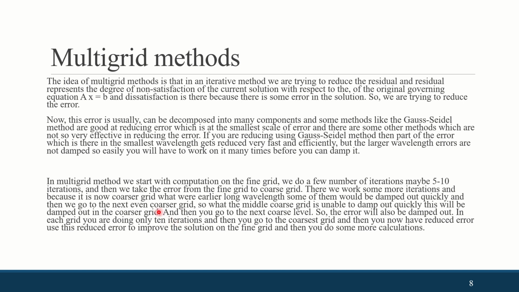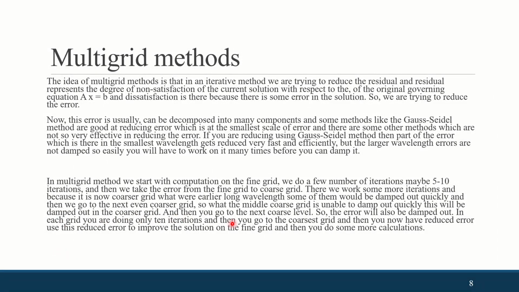So we start with the finest grid, where the shorter wavelength errors would be removed, and then we move on to the next coarse grid, where the somewhat longer wavelength errors would be reduced, and further we move on to the coarsest grid, where we would damp out the longest wavelength errors. In this step by step manner we would be reducing the error.